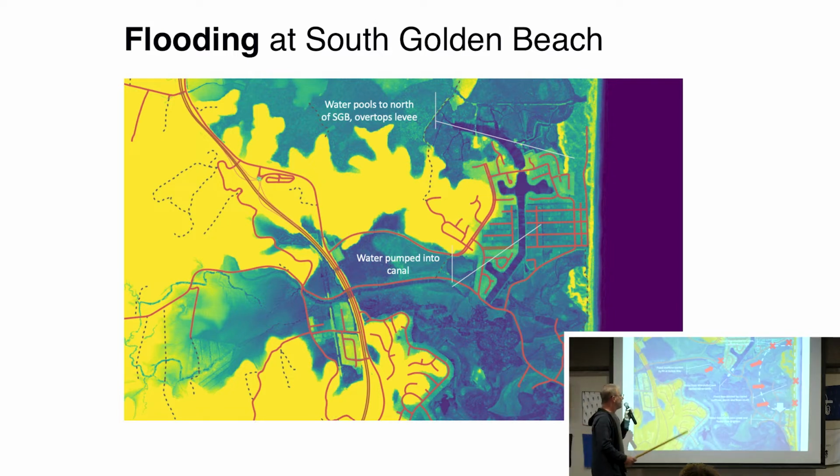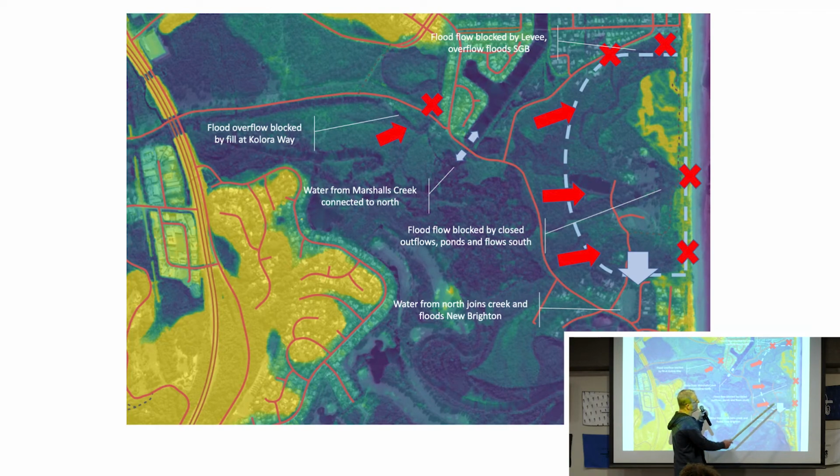Okay. Now this is the area, concentrating on the area between New Brighton and South Golden Beach. So we've got water coming through here, overtopping the canal, the channel, New Brighton, the Marshalls Creek Channel, and flowing into this area. It may have gone out here at some point, but it's not going out there, it's not going out there, and it can't get out over here.